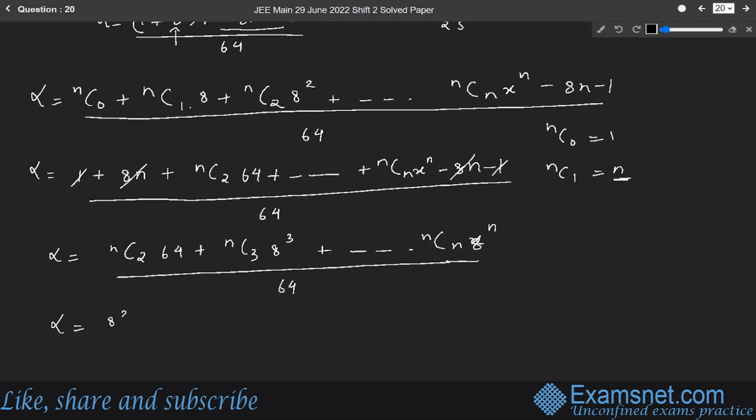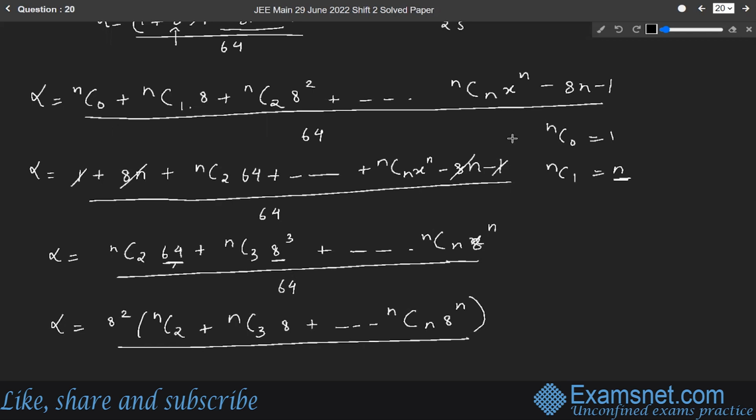When we take 8 square common, the remaining terms here are nC2, because 8 square is 64 and we have taken 64 common, plus nC3 into 8, since we have taken 8 square common, so the remaining term will be 8, plus so on up to nCn 8^(n-2), right? And it will be divided by 64.